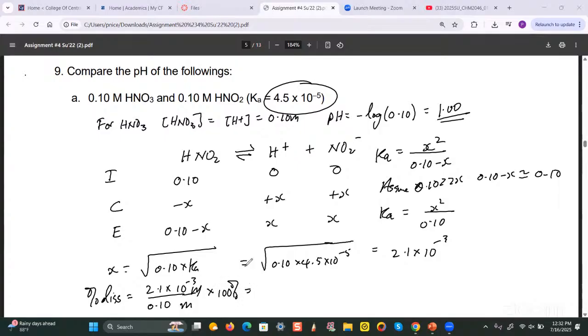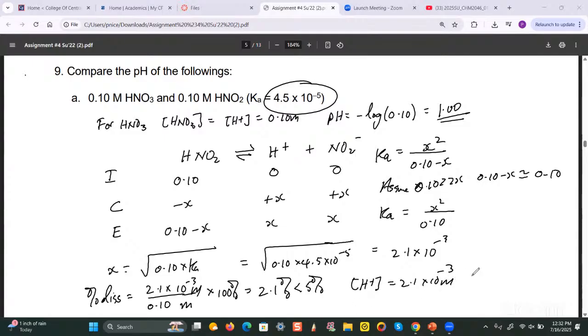And what are we looking for? Less than 5%. And according to my calculation, this works out to 2.1%, which is less than 5%, which means that the assumption is valid. And therefore, as somebody over here was saying, we can say that the concentration of H plus is equal to 2.1 times 10 to the minus 3 M.